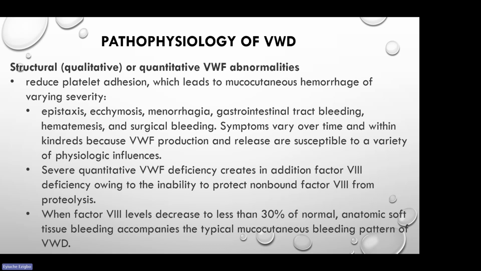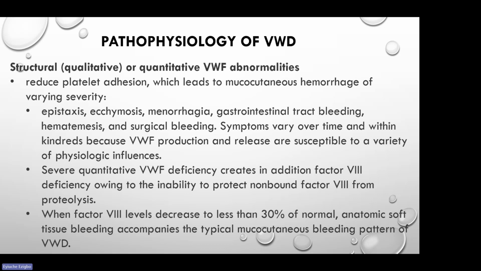So von Willebrand disease is a result of deficiency or dysfunction of the von Willebrand factor gene. Reduced platelet adhesion leads to mucocutaneous hemorrhage of varying severity. So any abnormalities in von Willebrand factor can result in reduced platelet adhesion. You should be able to explain that very well.